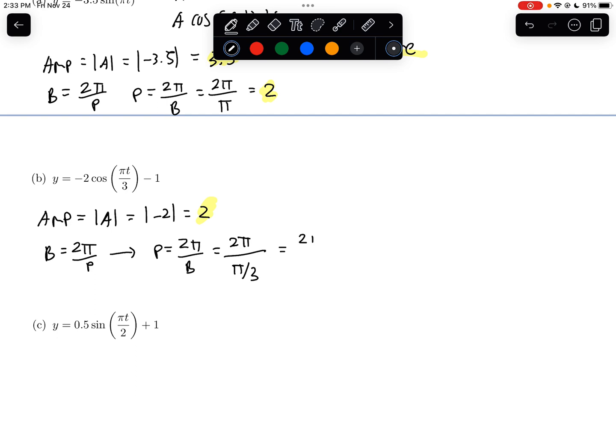And this is the same as 2 pi over 1 times 3 over pi. The pi cancels out, so its period is 6. And lastly, the midline value is this constant on the end of the shift. So the midline is y equals negative 1.